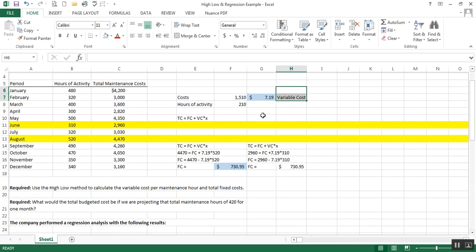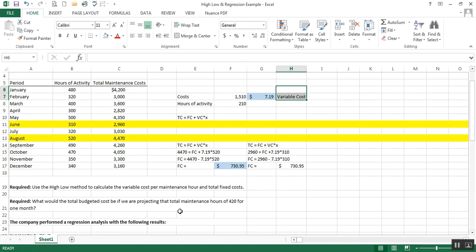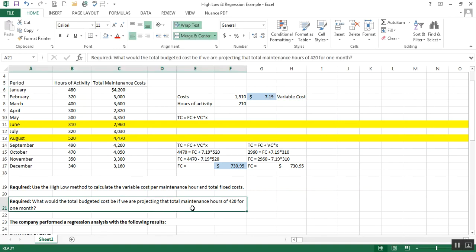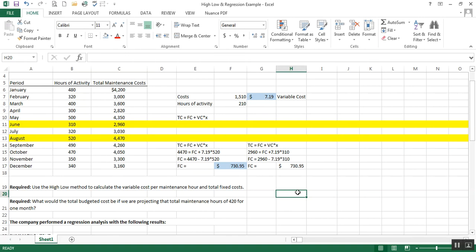Now I can use this information to calculate my total cost at any level of activity. Here we're being asked to find the total maintenance cost if we have maintenance hours of 420 for 1 month. So we go back to our formula, which is total cost equals fixed cost plus variable cost times the number of units.